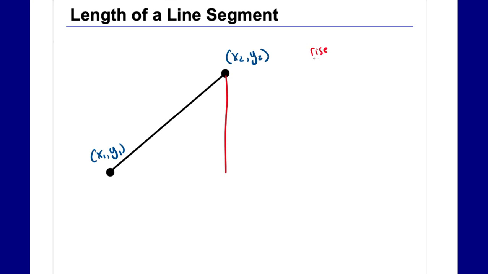So rise over run, we might say rise is delta y over delta x, which is also equal to, we had a new formula, y2 minus y1 divided by x2 minus x1.